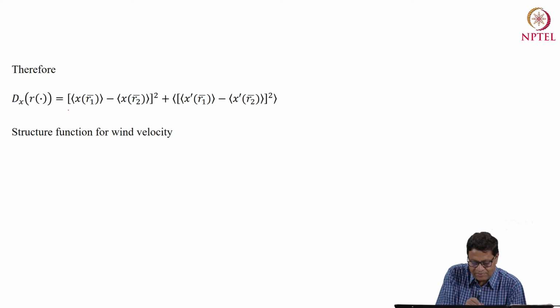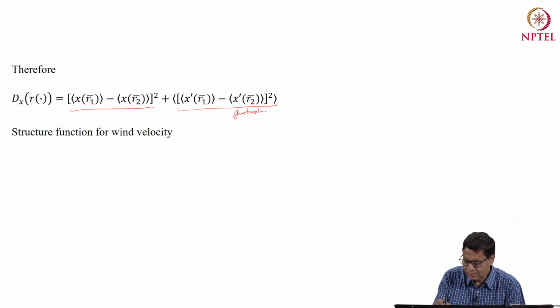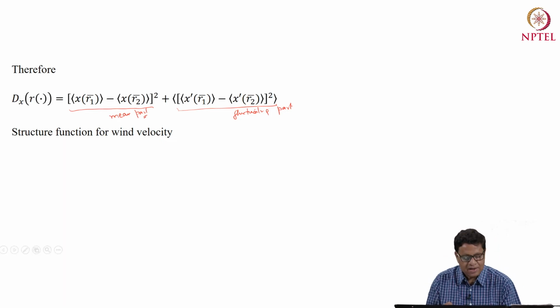Here I have grouped the mean part and the fluctuating part. So this is the fluctuating part, and this is the mean part. Now we are able to understand the structure function of different quantities.